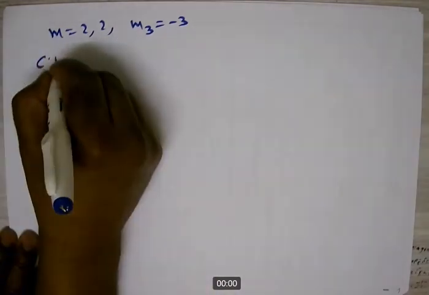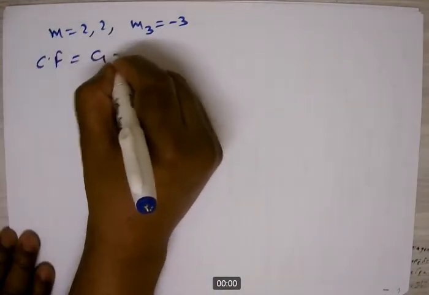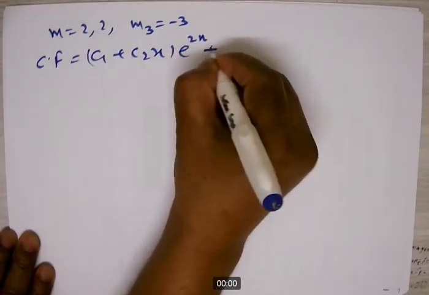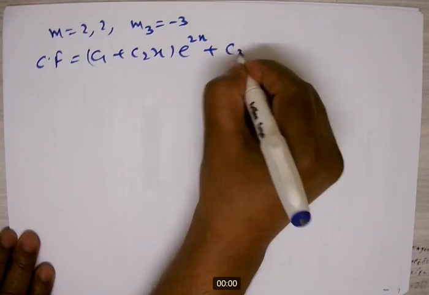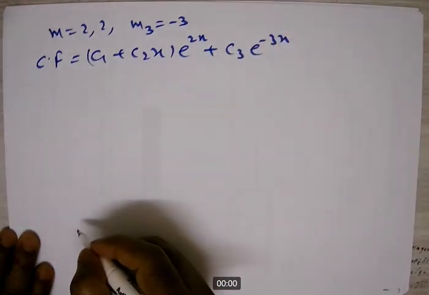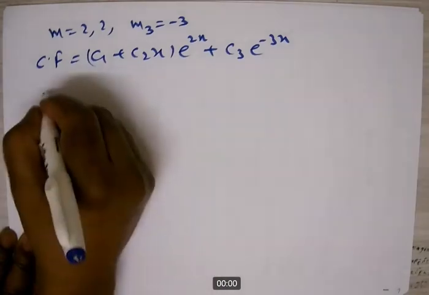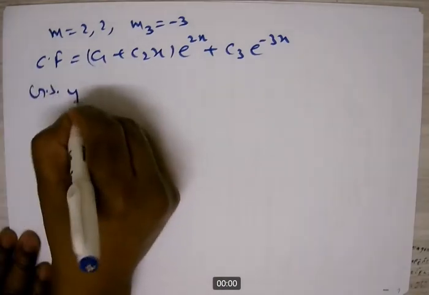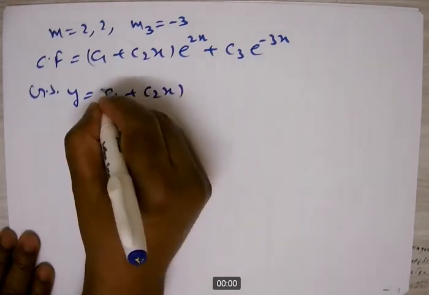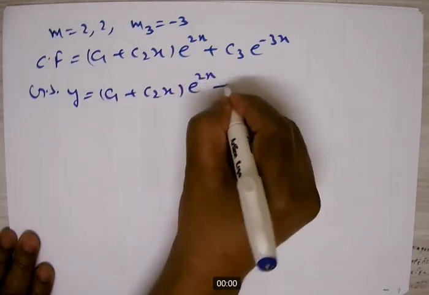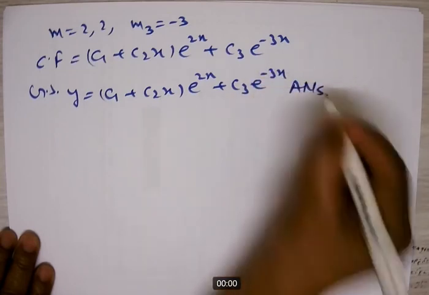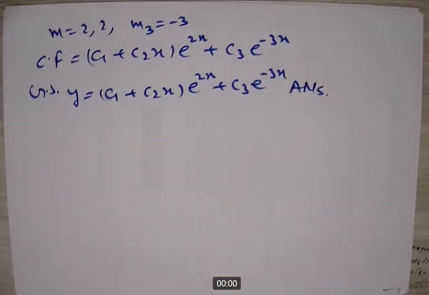So the complementary function will be (c1 plus c2x) e power 2x plus c3 e power minus 3x. So the general solution is y equal to the complementary function, that means y equal to (c1 plus c2x) e power 2x plus c3 e power minus 3x. This is the answer of that question. Hopefully you understand that one.